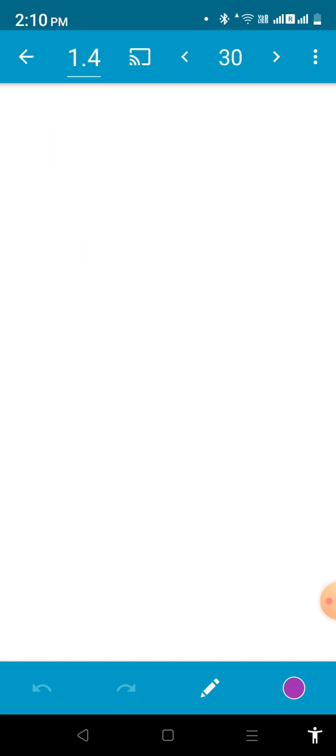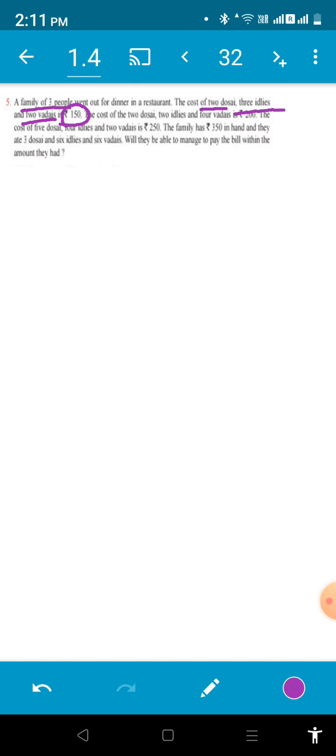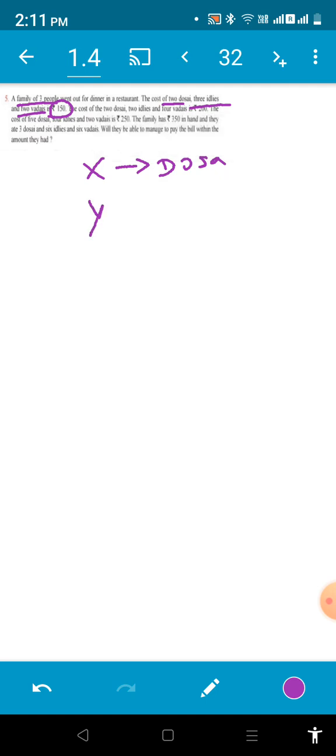I go to the fifth one. A family of 3 people went out for dinner in a restaurant. The cost of 2 dosai, 3 idli and 2 vada is 150 rupees. So I take dosai as x value, y as the idli value and z as the vada value.